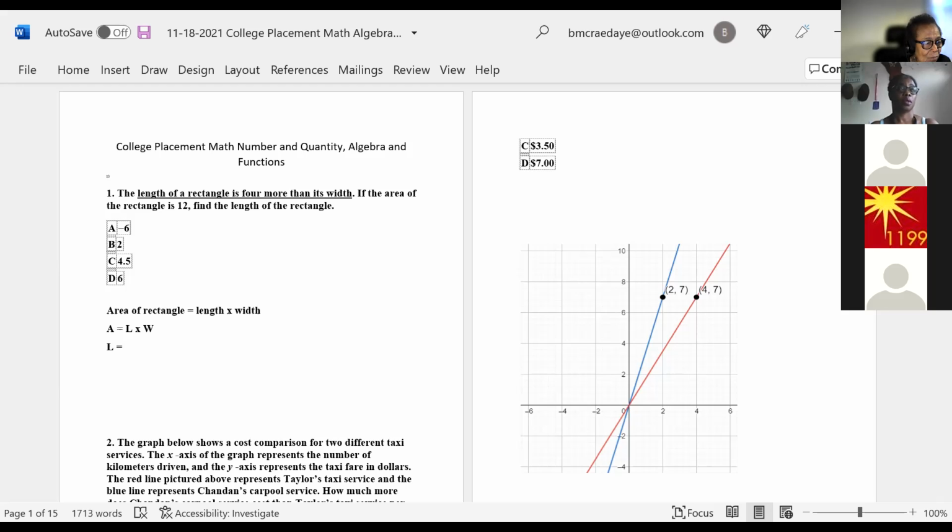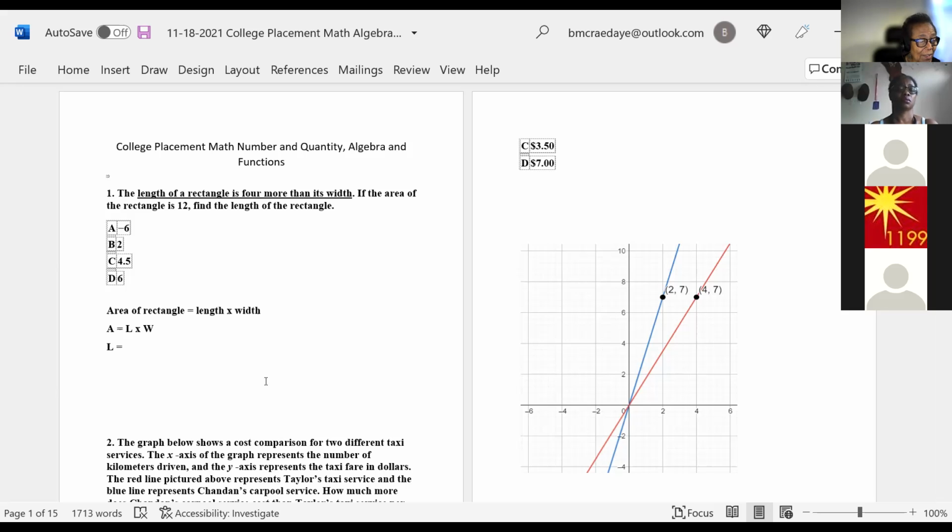How do you put it? Do you say L plus 4? No, L equals. Length is, so you put equal. L equals 4?